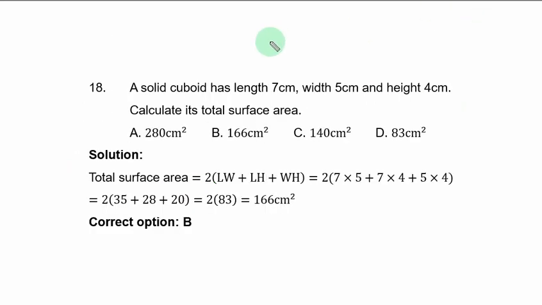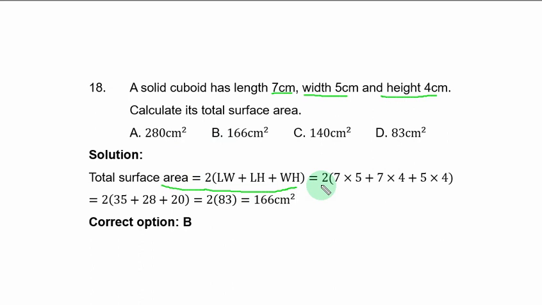Question 18. A solid cuboid has length 7 cm, width 5 cm, and height 4 cm. Calculate its total surface area. In terms of length, width, and height, the total surface area of a cuboid is given in this manner.